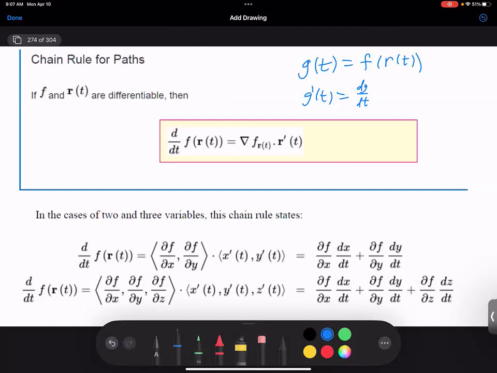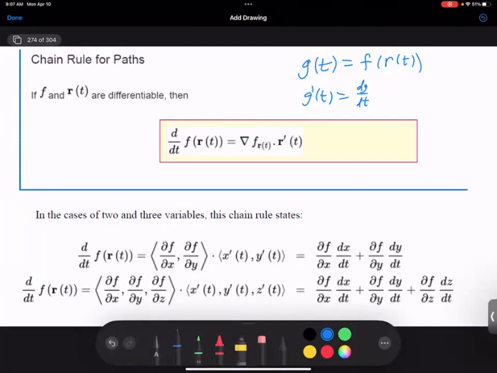What could I take the derivative with respect to? So I give you f composed with r, and r is evaluated as a function of two variables at t and s. What are the two variables I could differentiate with respect to? T and s.